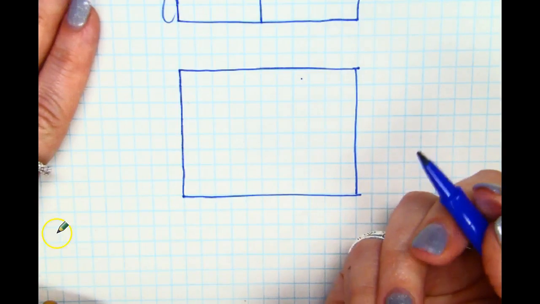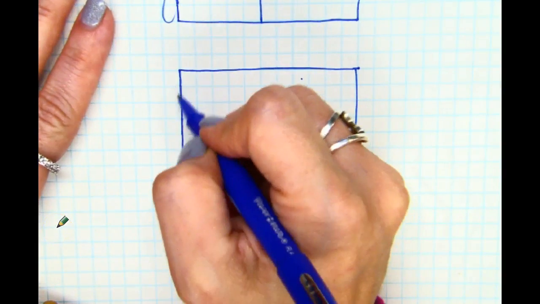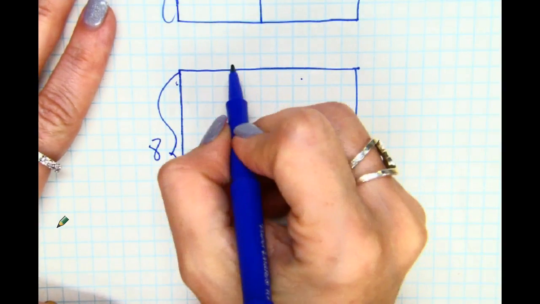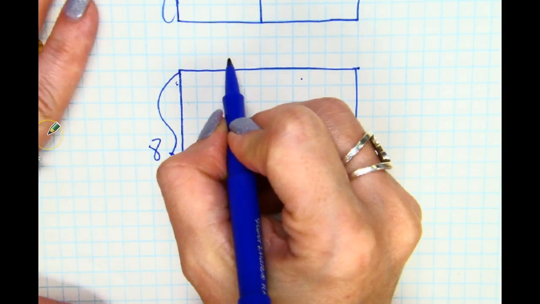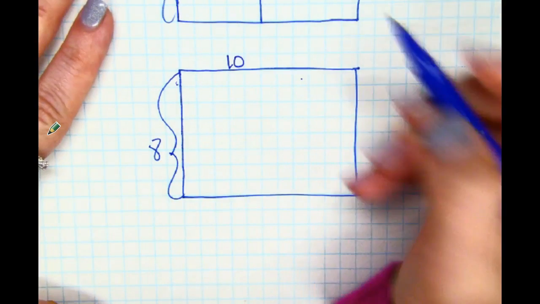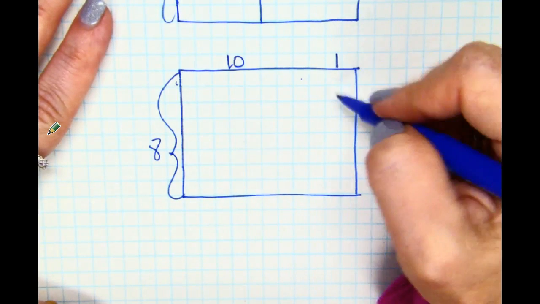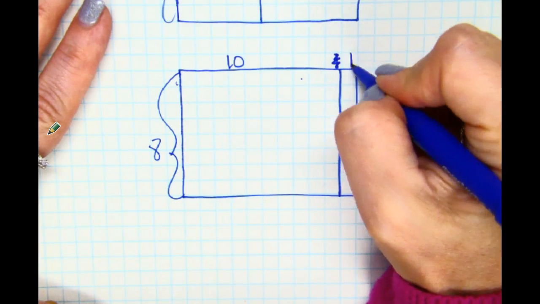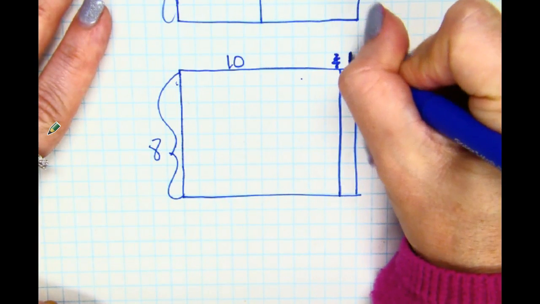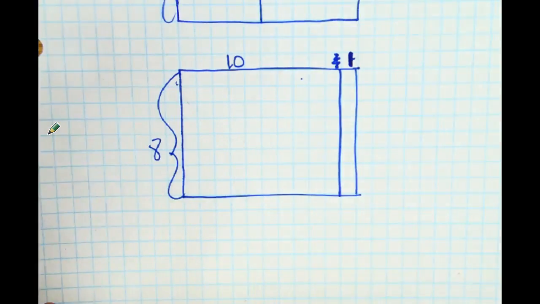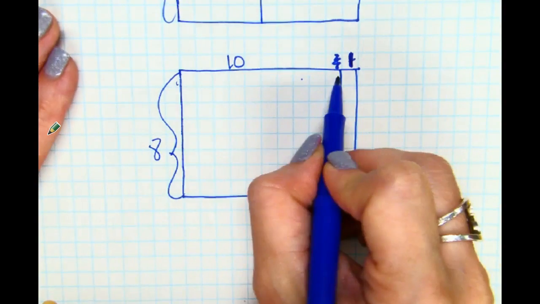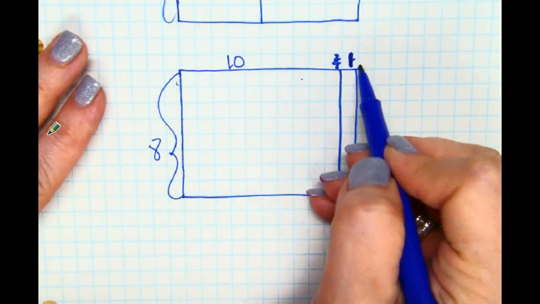Now let's think of another way to break up 11. We could do 10 plus 1. Why don't we do that? That's easy to do. I should scoot this over just a little bit. Okay, so 10 here and 1 over here.